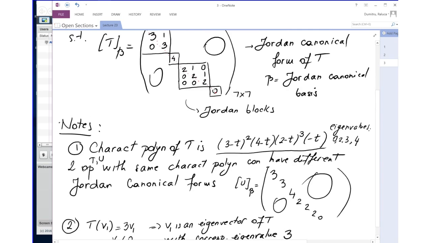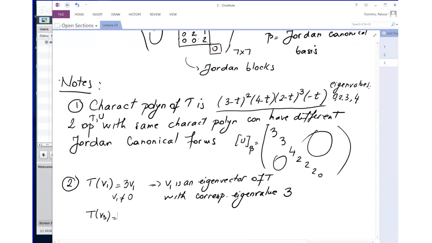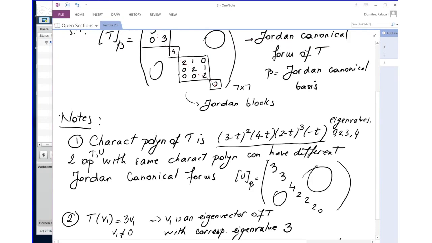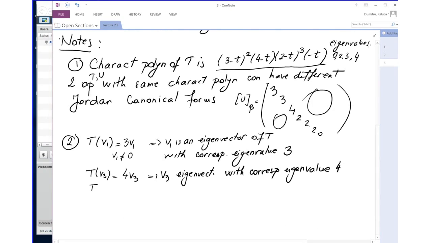Scroll down. So we said T of V3 was 4V3. So V3 is an eigenvector corresponding to the eigenvalue 4. T of V4 is 2V4.